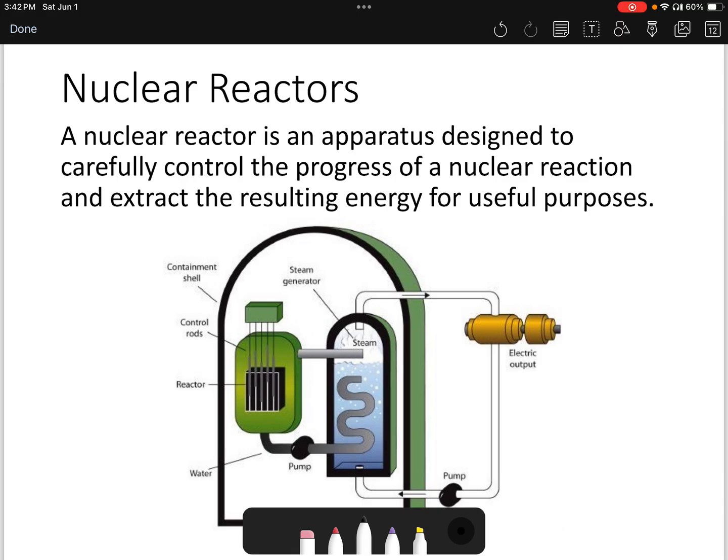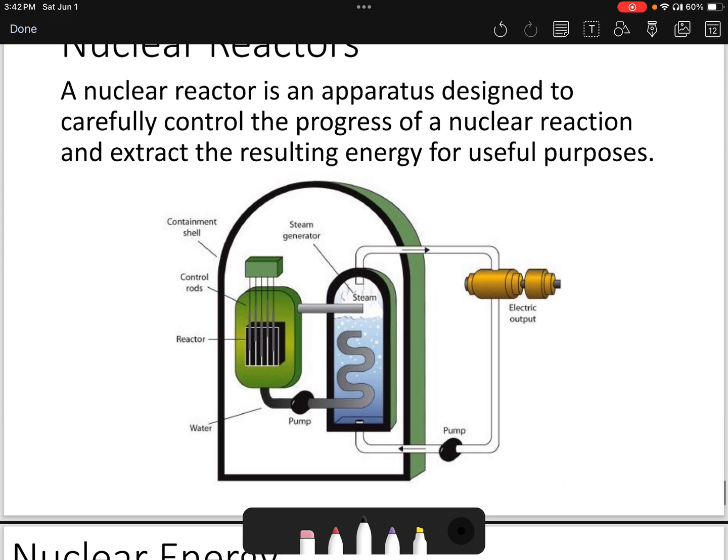So a nuclear reactor is supposed to carefully control the progress of a nuclear reaction and then harness the resulting energy. So you can sort of see the layout here. We've got this nice thick wall around the outside, again, to try to contain any alpha particles, beta particles, etc.